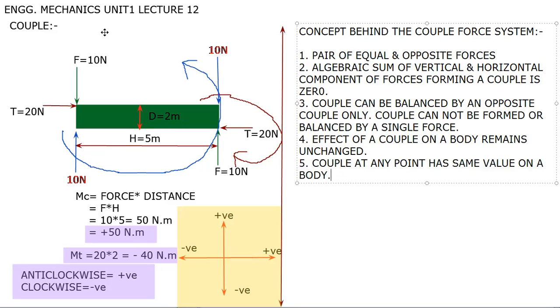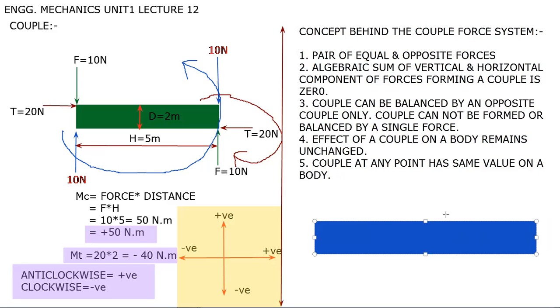Now this thing also I will explain, what is the meaning of this. Suppose that this is a shaft and it has a couple force system acting here at a certain distance. Let's suppose that this distance is 3 meters.